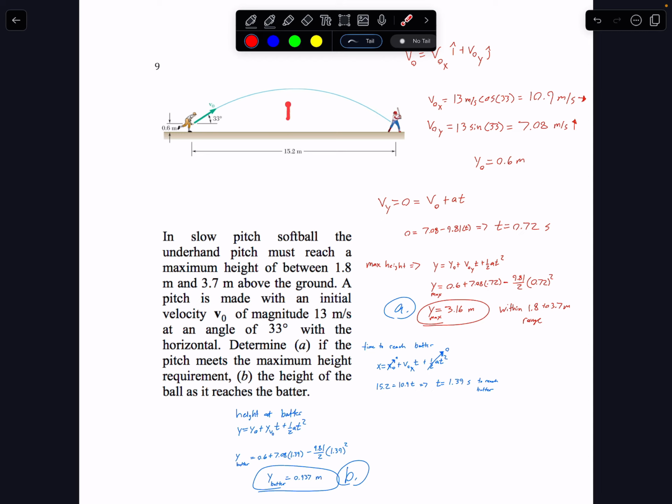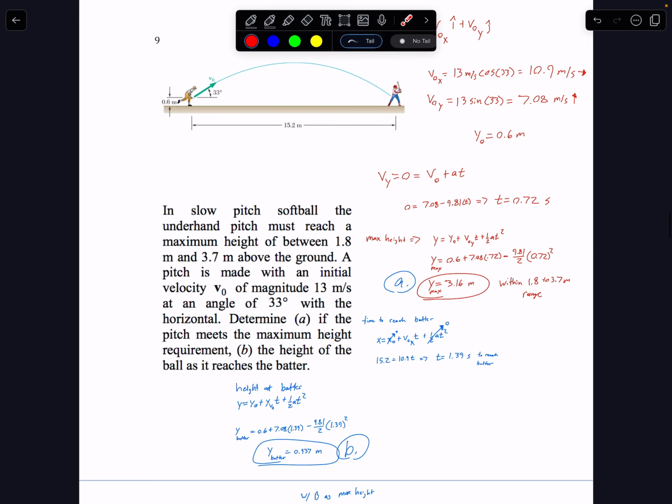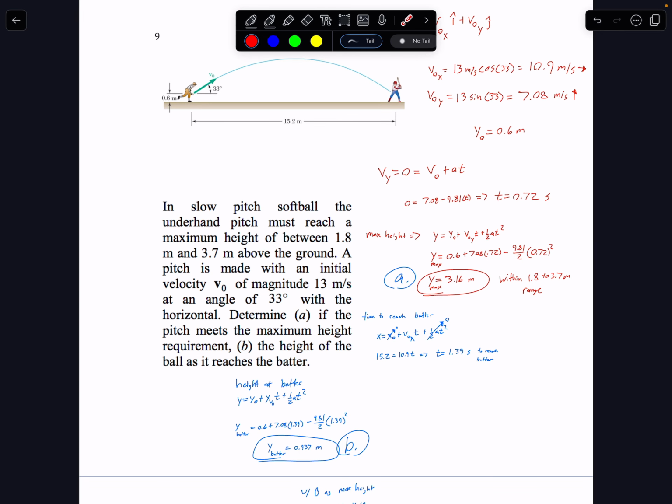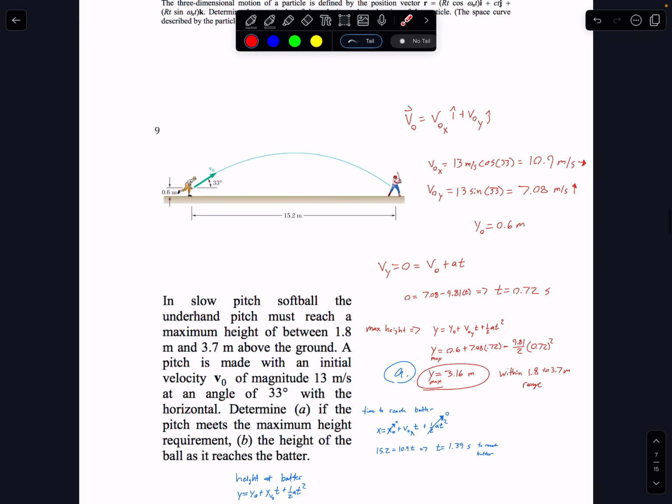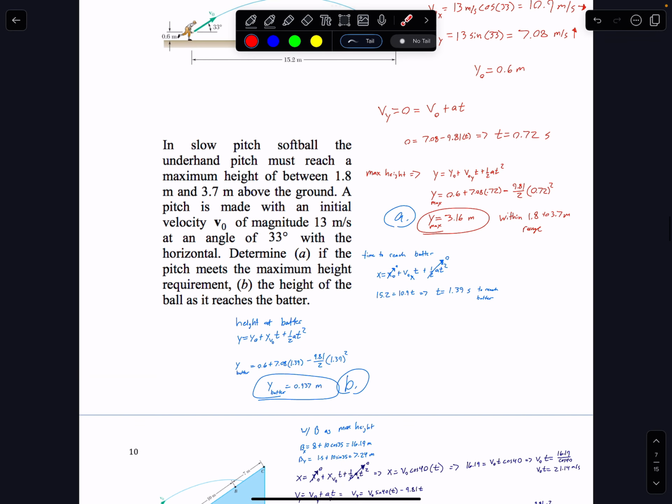We find that at 0.72 seconds, and then we can do a kinematic equation and find our initial y position, which was given, and then our initial y velocity, and just plug everything in. We find the max height is 3.16 meters. That is within the range, so we are okay.